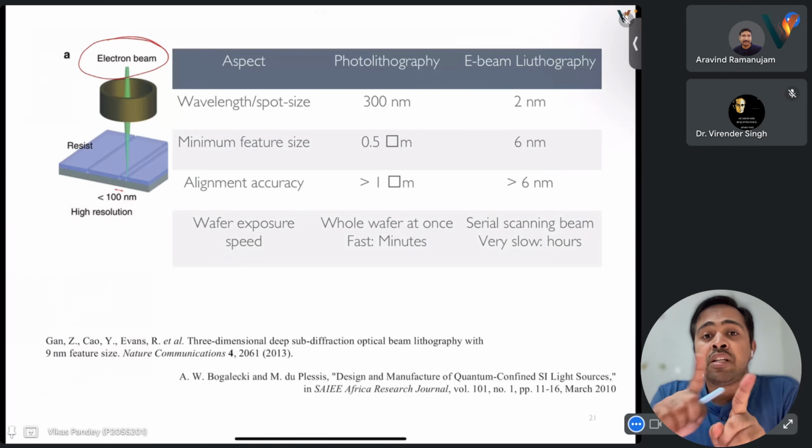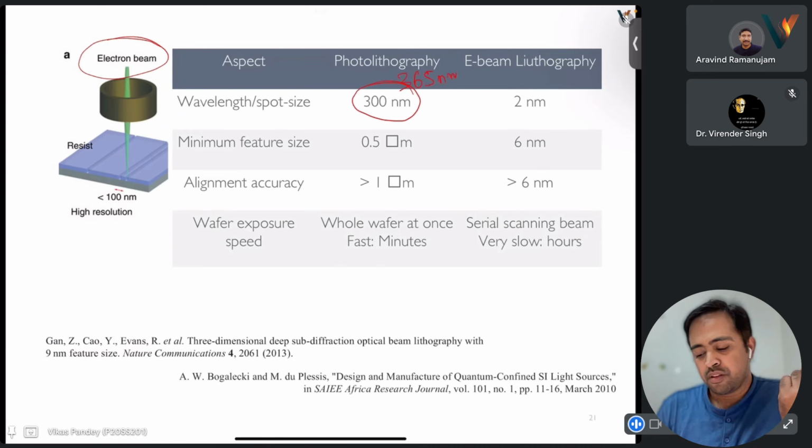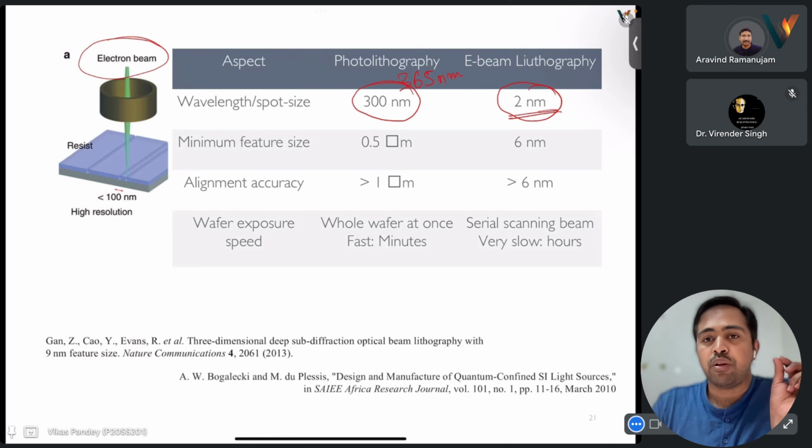So, the major difference here is that the source of normal lithography is approximately 365 nanometer, whereas e-beam can go to a source of 2 nanometer.